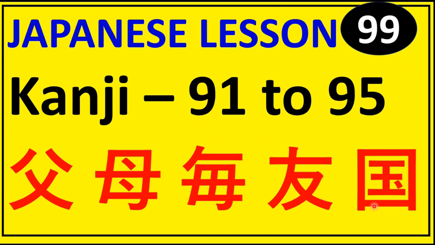Then we will look at some compound words formed using these characters. We will look at the kanji radicals that are involved in these characters. Then we will learn the stroke order, that is how to write these characters in the proper order of strokes. And finally, we will look at the origin or evolution of these characters, that is how these characters have evolved since ancient times. So let's move ahead and let's begin today's lesson.